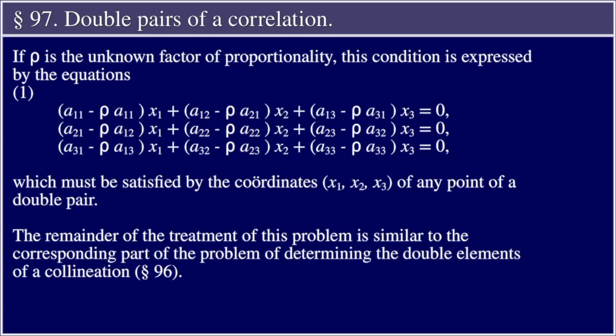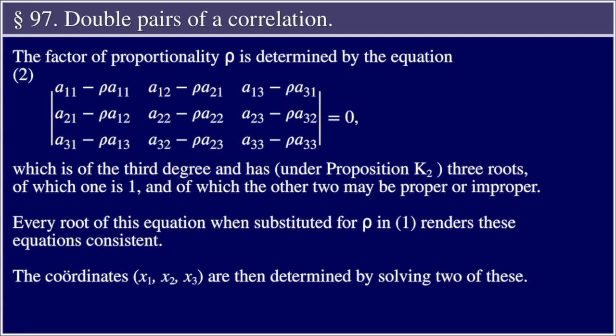The remainder of the treatment of this problem is similar to the corresponding part of the problem of determining the double elements of a collineation, Section 96. The factor of proportionality ρ is determined by equation 2.